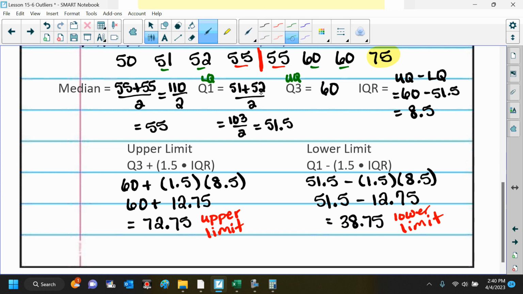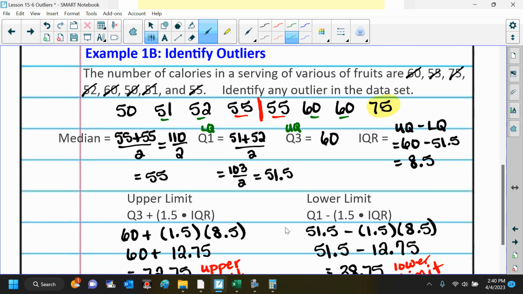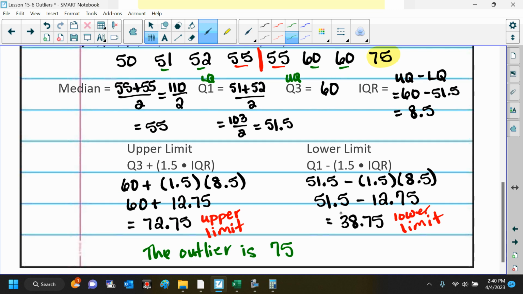So let's write the outlier is 75, and what's my unit, 75 calories. So we have an outlier of 75 calories. Okay?